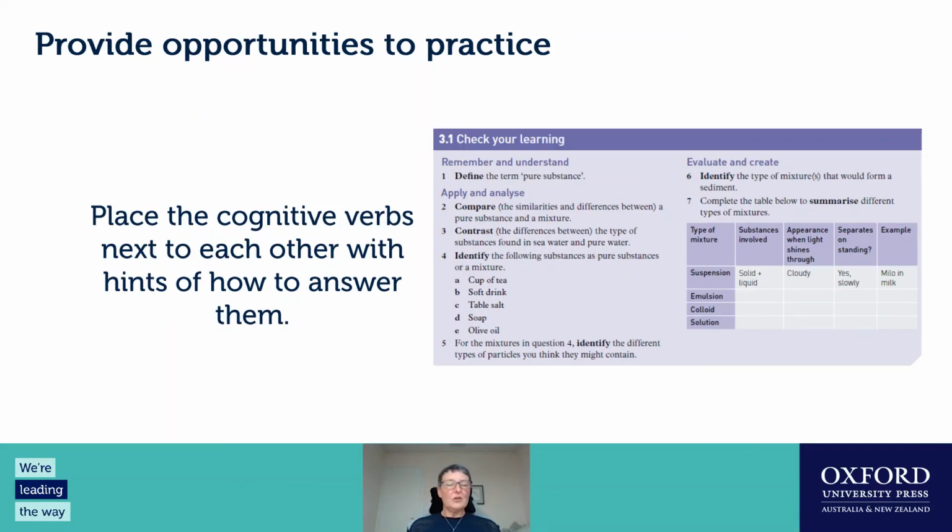One of the ways that you can do it, and I was thinking how to explain that, is often having the cognitive verbs next to each other. I'm looking at questions 2 and 3 here. One of the approaches that I think is really important is having compare, and then in brackets the similarities and differences between, and then contrast underneath it, the differences between.